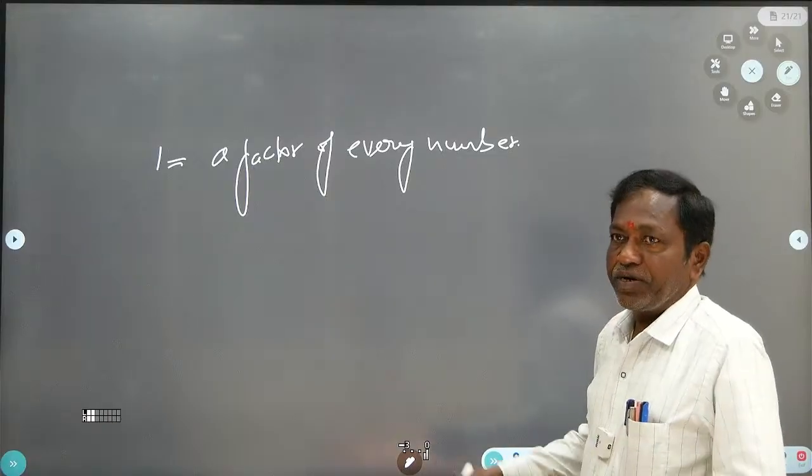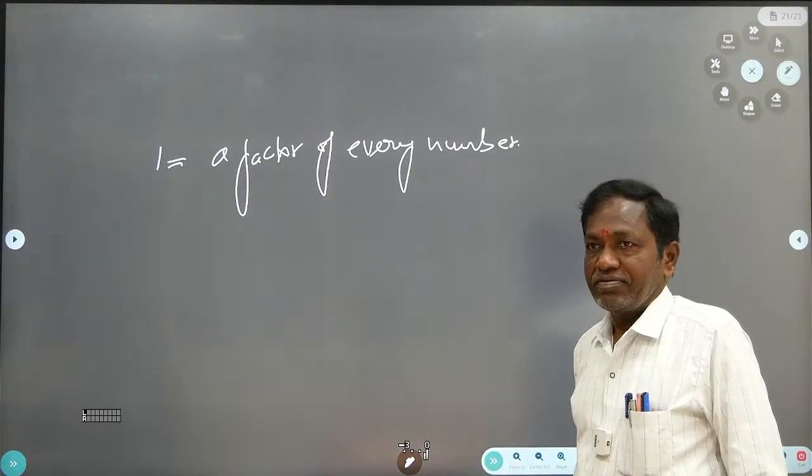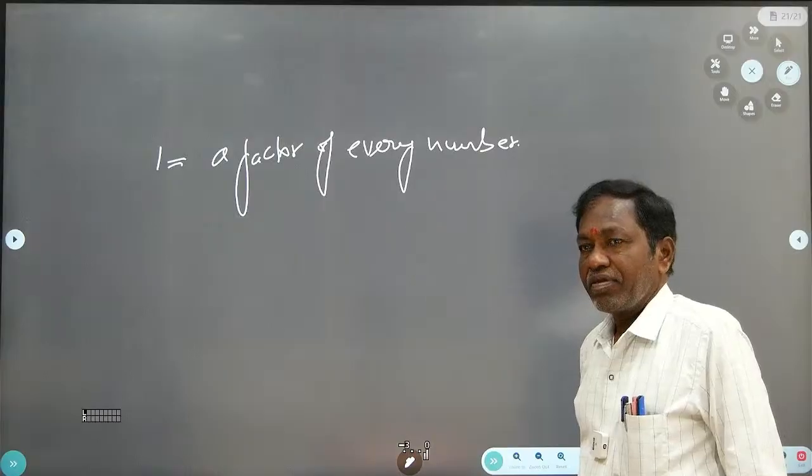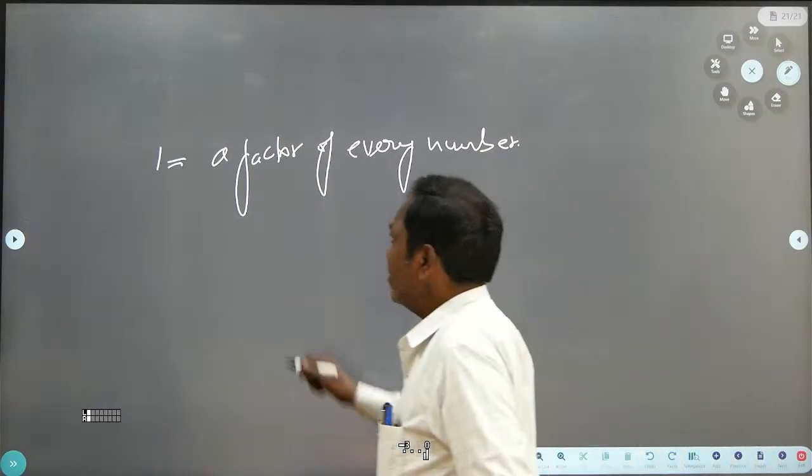Other properties of 1: 1 is neither prime nor composite. Wonderful.